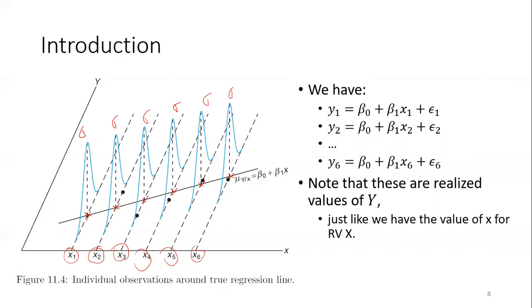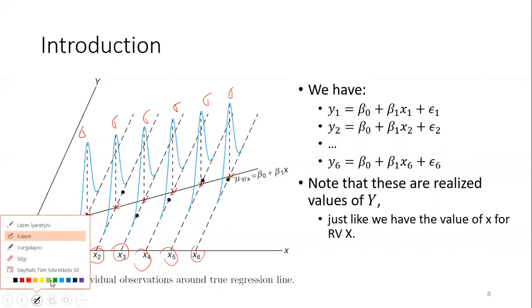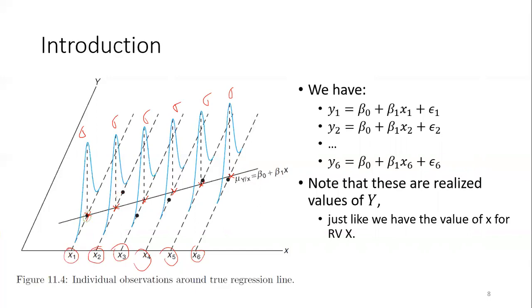So for example, this black dot, let me change my color. This black dot here, and this one, and this one, they are all a realization from this one. So what does it mean? For example, if this x1 is equal to, let's say, 160, and this is 165, this single black dot is a guy whose height is 160 centimeters and whose weight is, let's say, 58 kilograms.